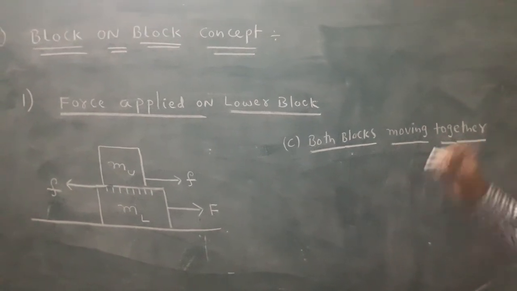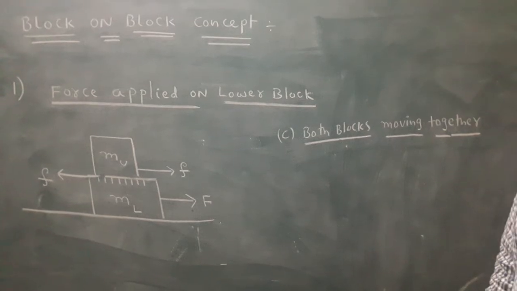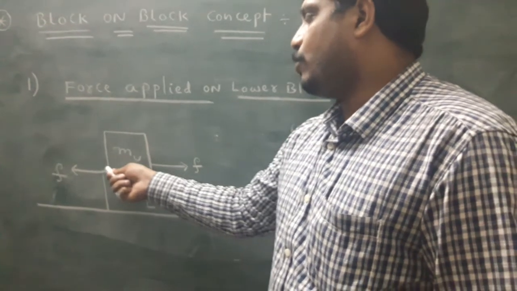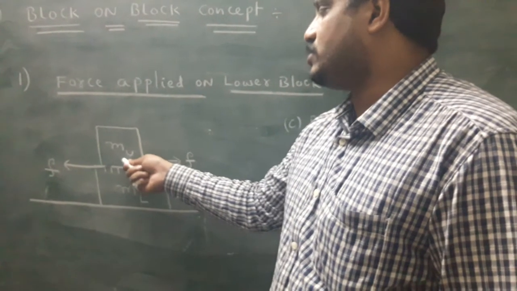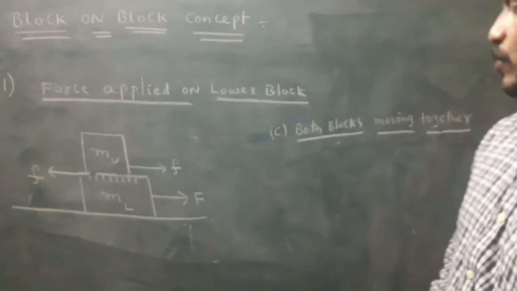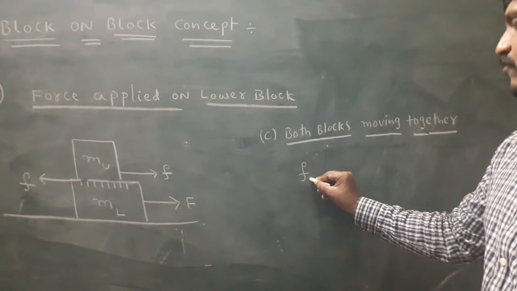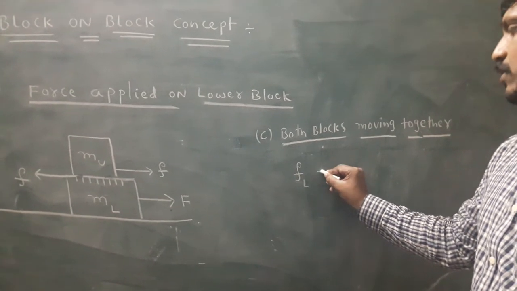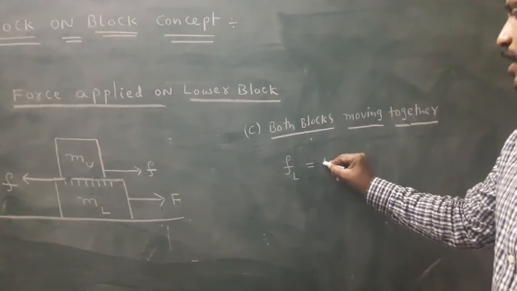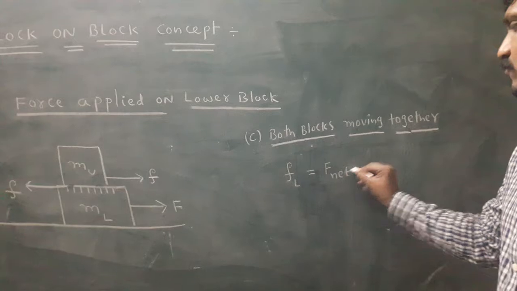Both blocks move together because of friction. Both blocks move together means with respect to this surface, both are at rest. Both are at rest means here the frictional force, simply limiting frictional force, balances the common net force.